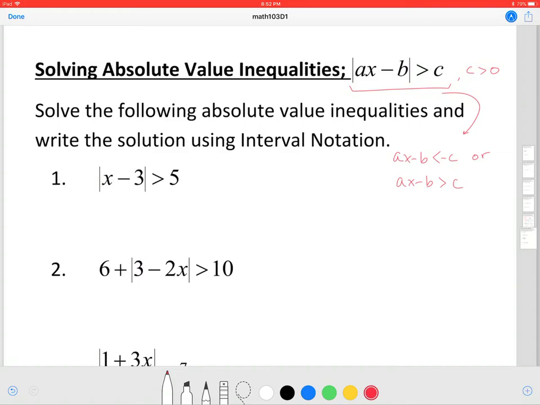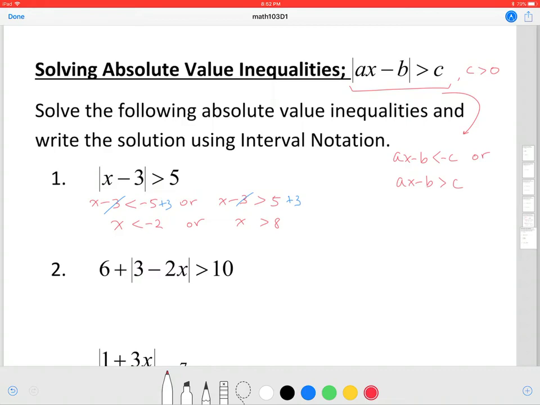So let's begin. In this number one problem, we can write this as x minus 3 is less than negative 5, or x minus 3 is greater than positive 5. Each is a relatively simple inequality to solve. Just add 3 on both sides, and we have our solution: x is less than negative 2, or x is greater than 8.